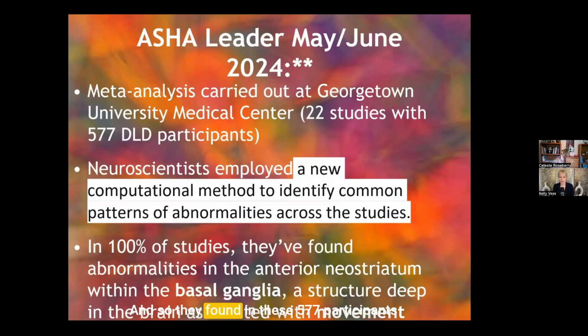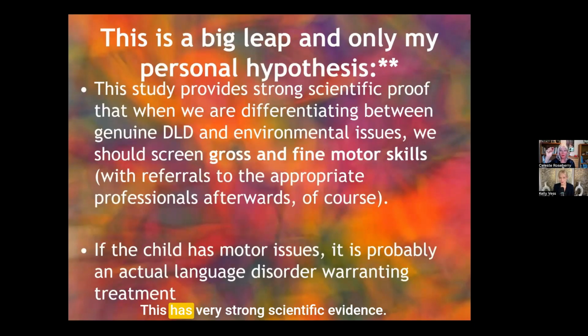They found in these 577 participants with true underlying DLD, in 100% of the cases, there were abnormalities in the anterior neurostriatum within the globus pallidus and the basal ganglia. This has very strong scientific evidence that, whether it is environmental or DLD, we need to screen gross and fine motor.